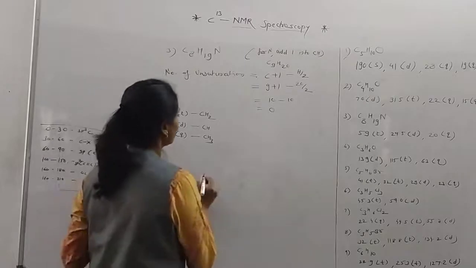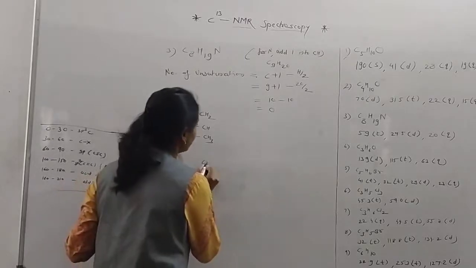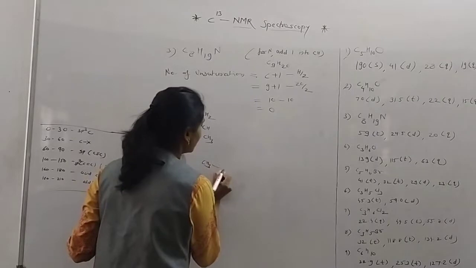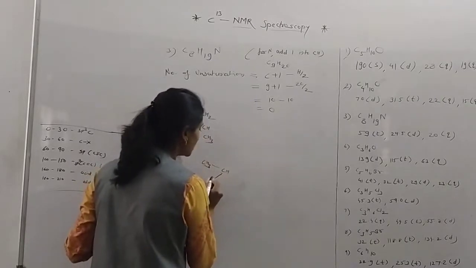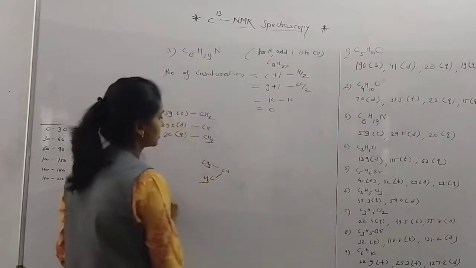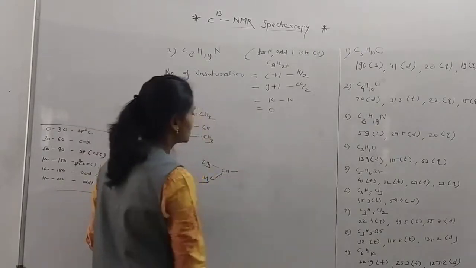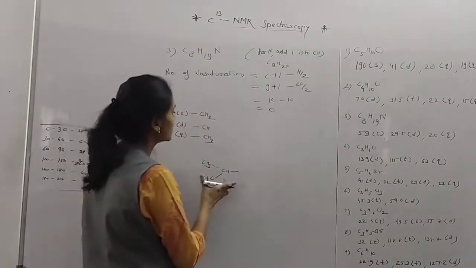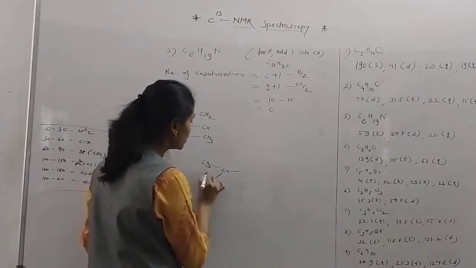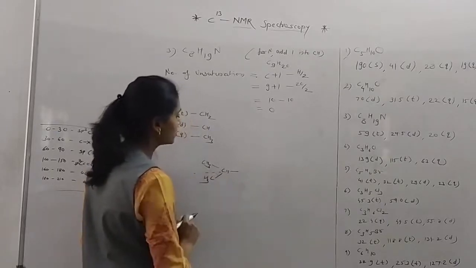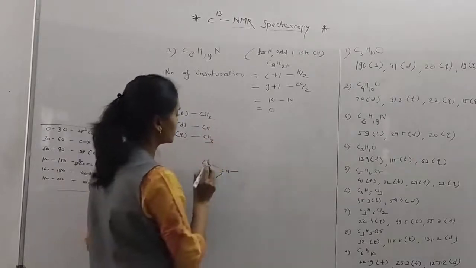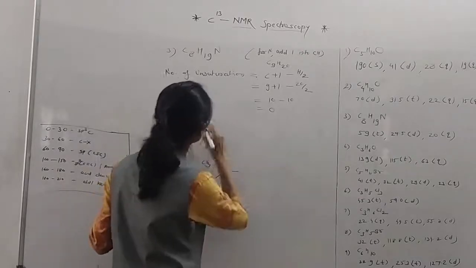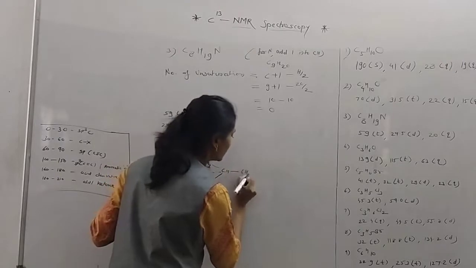So we write down the structure like this. When we see this CH3, CH, you know that when we draw the CH, there is this type of structure, as there is symmetry. When we draw the symmetry, only 2 carbon atoms give the signal, and here 3 carbon atoms are there, so 1 CH2 remains here.